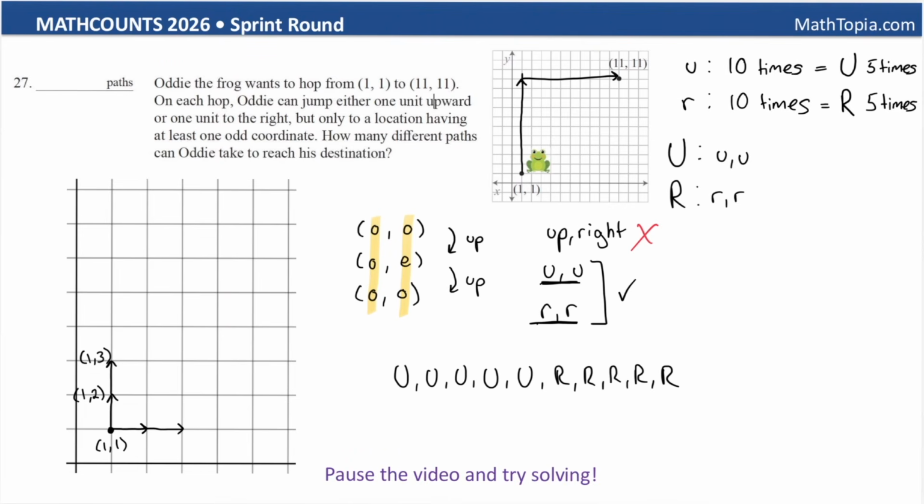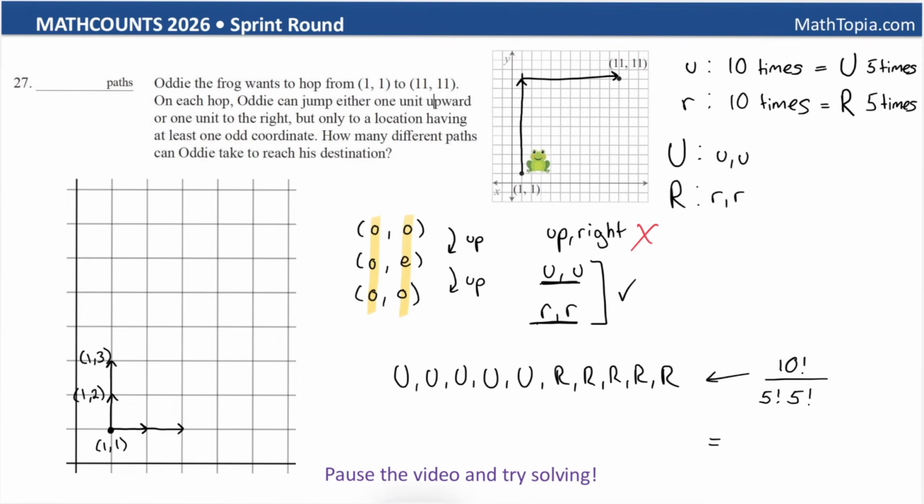And then to find the total number of paths, we just need to find the total number of combinations of this, which is 10 factorial for the 10 U's and R's, divided by 5 factorial for the 5 U's and 5 factorial for the 5 R's.